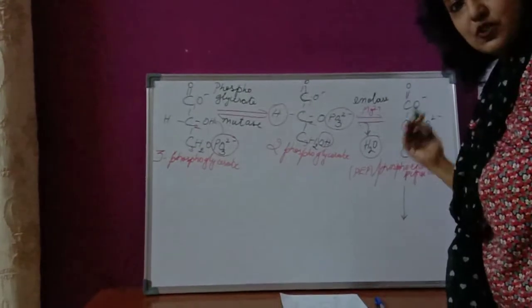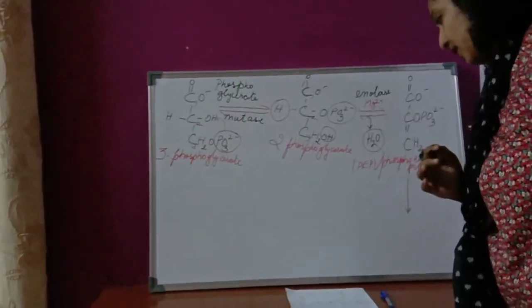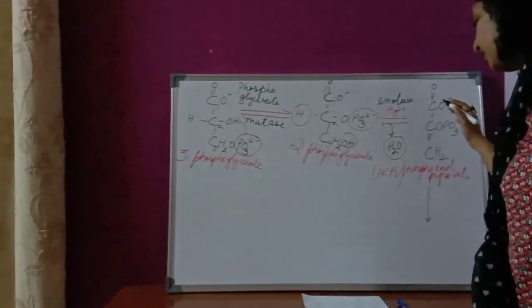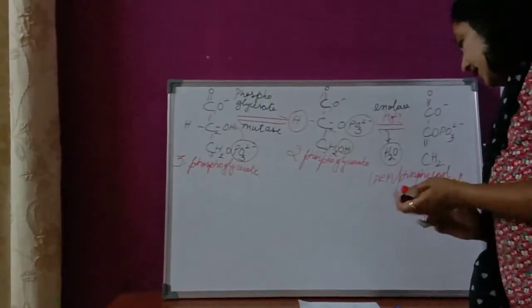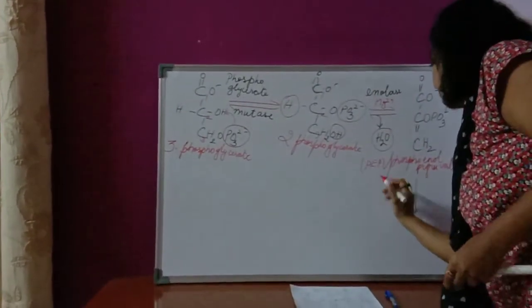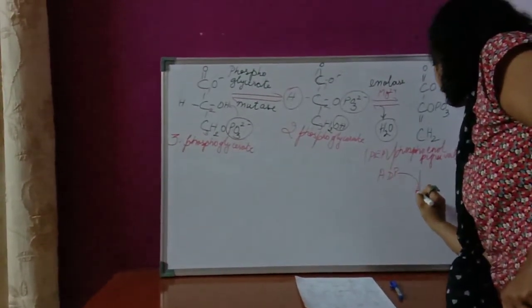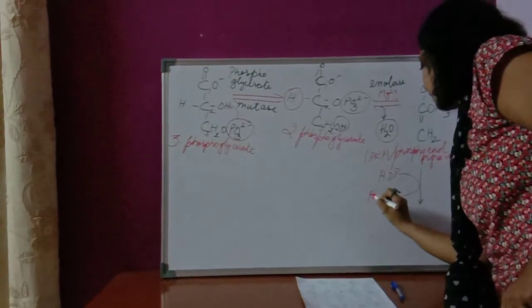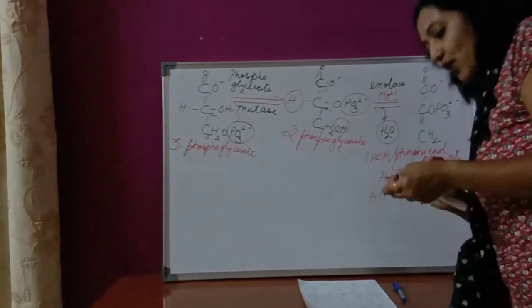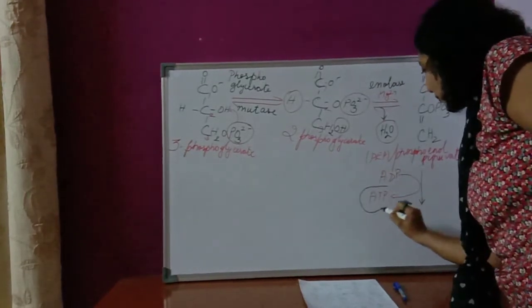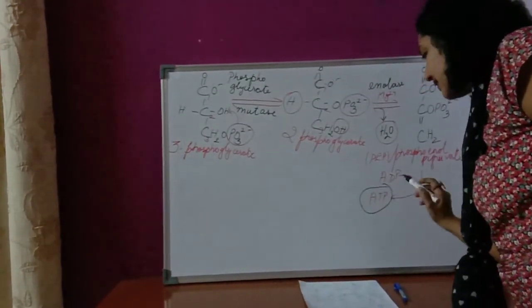Because using substrate, ATP is synthesized. So, for using phosphoenol pyruvate as a substrate, ADP gets converted to ATP. So, another molecule of ATP synthesis has taken place in this step.